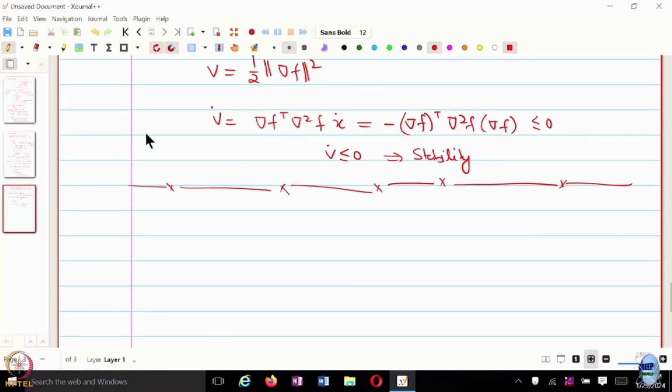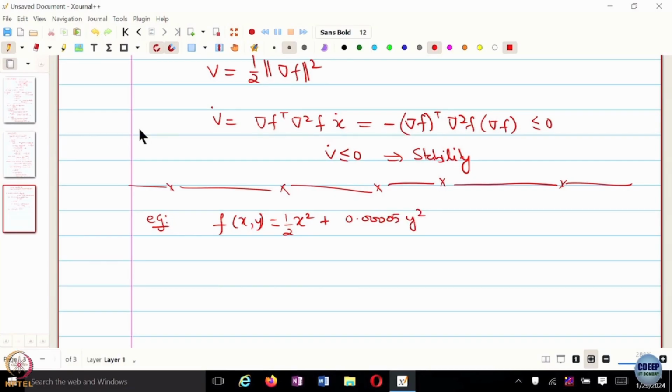Sometimes curvature information is useful. So, for instance, let us consider this example. It is a function of two variables x, y, and let us say this is half x square plus a very small coefficient times y square, something like this.